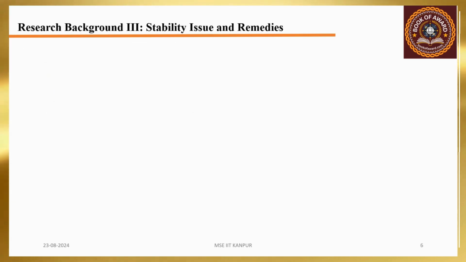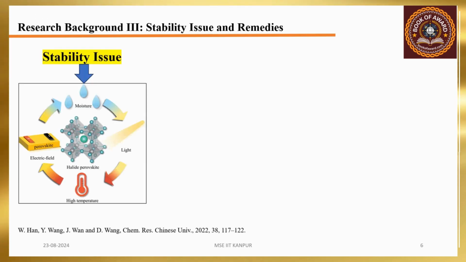The main challenges to commercialize perovskite solar cells are their stability issues in recent years. Moisture stability, light stability, thermal stability and electric field stability are the main stability issues in perovskite solar cells.